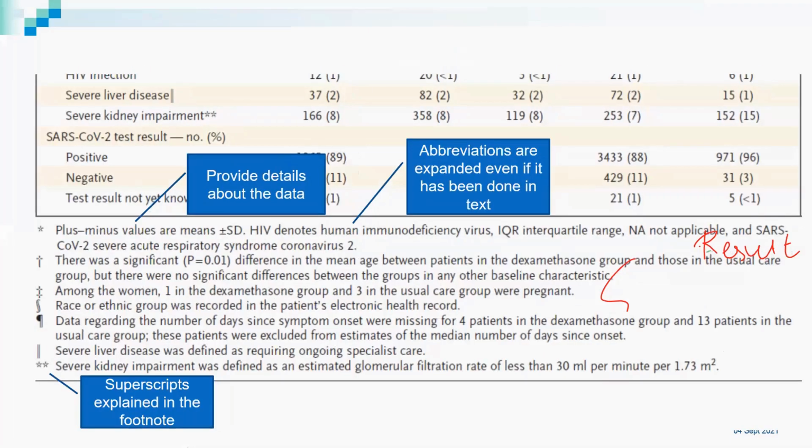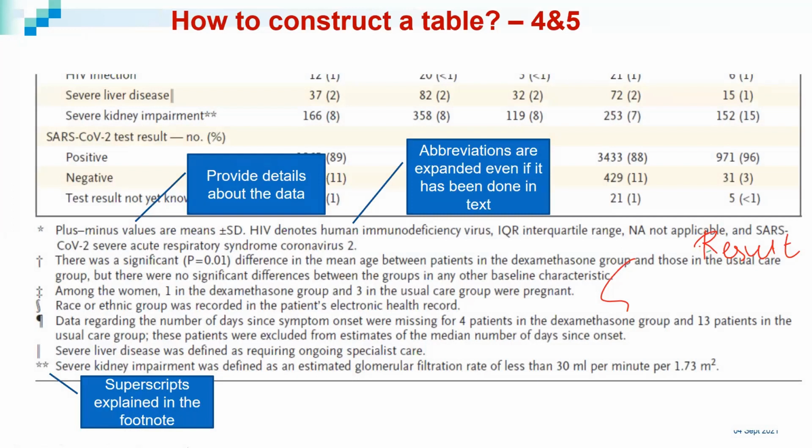Okay. So if you look at this table and you look at the footnote, you can see how much detail they have given. Plus minus values are means plus or minus SD. HIV denotes human immunodeficiency virus. So they are not taking it for granted that everyone knows what HIV is. IQR is interquartile range and so on. And if you look, superscripts are explained in the footnote. Here they have put severe kidney impairment and they have put 2 asterisks.